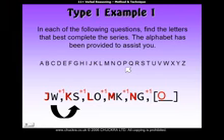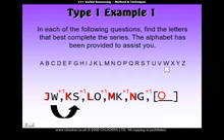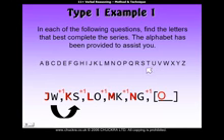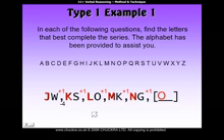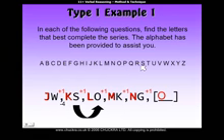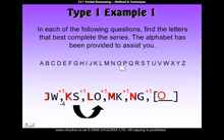Now, looking at the second letter of each pair, how do we get from W to S? Back to our alphabet line, starting on W, we're going back 1, 2, 3, 4. So we write -4 because we're going back 4 letters in the alphabet. How do we get from S to O? S, 1, 2, 3, 4. So we're also going back 4.